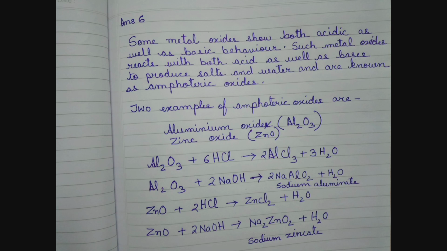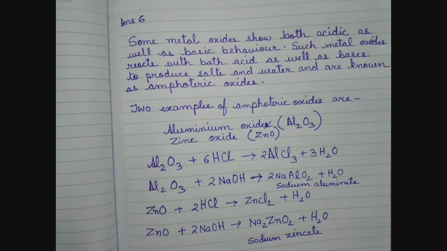So Al2O3 plus 6HCl gives 2AlCl3 plus 3H2O, that is aluminum chloride plus water. Then again, when aluminum oxide Al2O3 reacts with 2NaOH, that is sodium hydroxide, it gives sodium aluminate, that is 2NaAlO2 plus H2O.